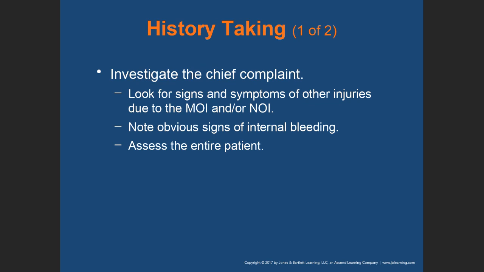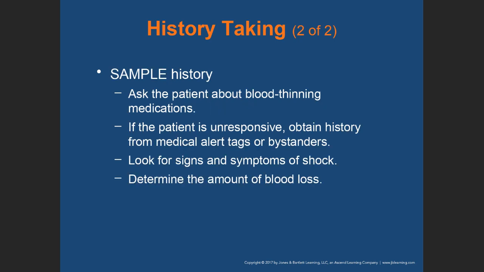After we have completed the primary assessment, the next phase is history taking. Investigate the chief complaint, look for signs and symptoms of other injuries due to the MOI and/or NOI. Note obvious signs of internal bleeding and assess the entire patient.